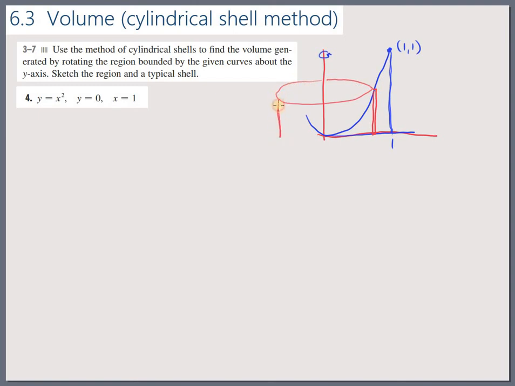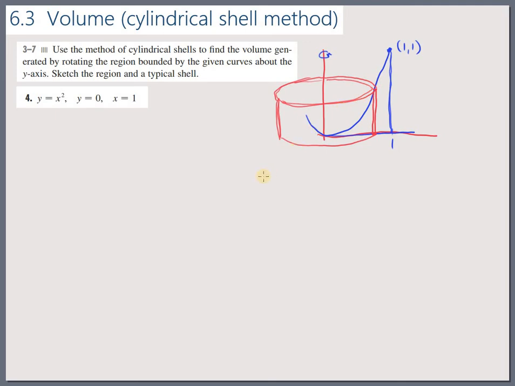One of my rotating shells would look something like that. The shell has a little bit of thickness, if I can draw a second line here. Okay, you get the idea.